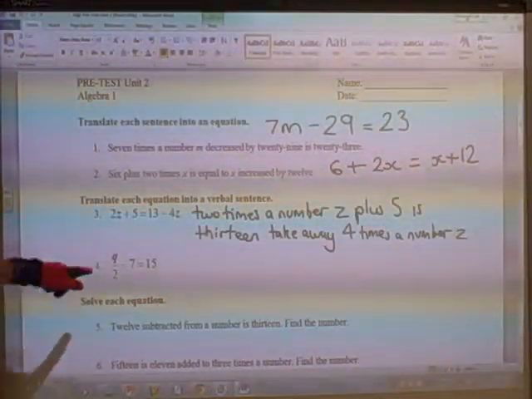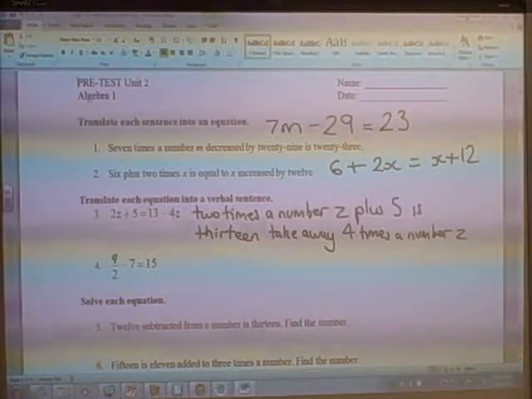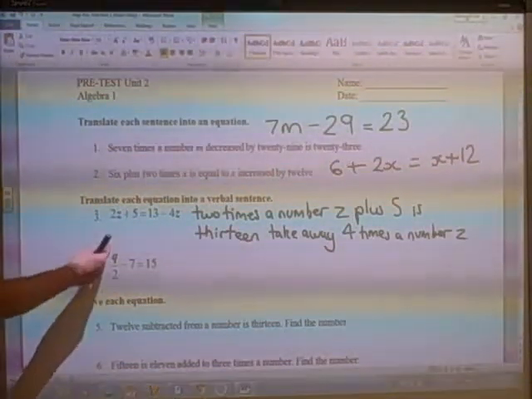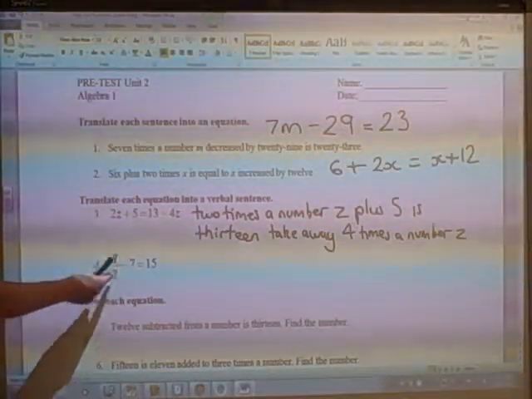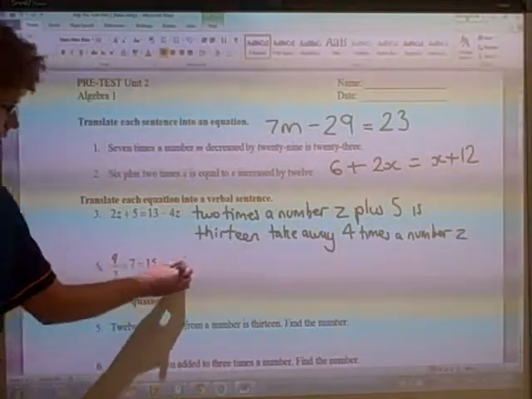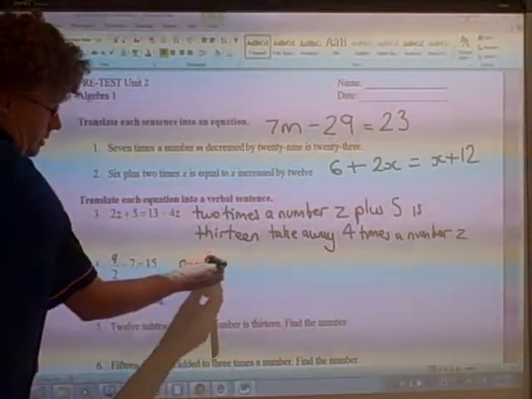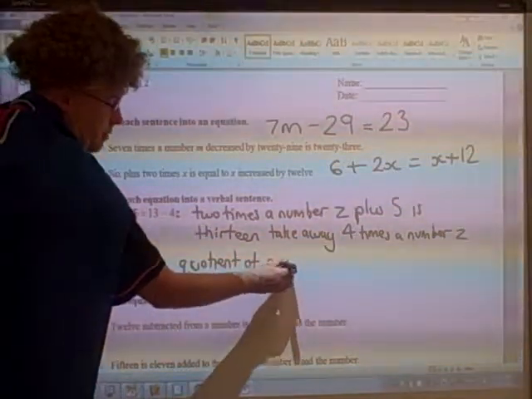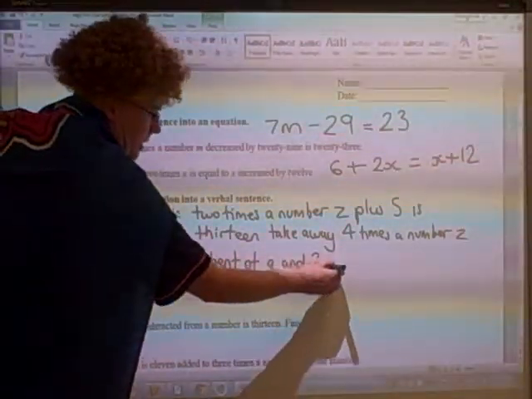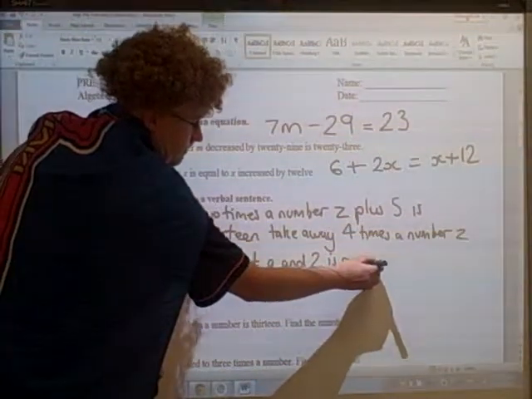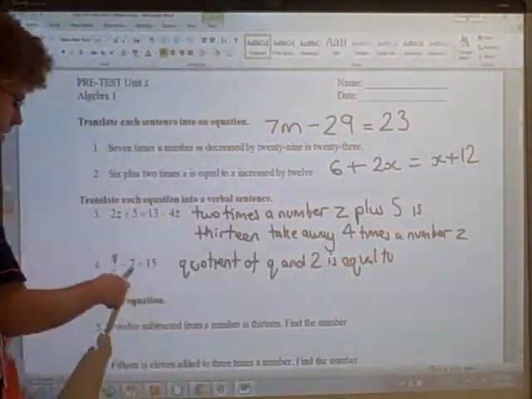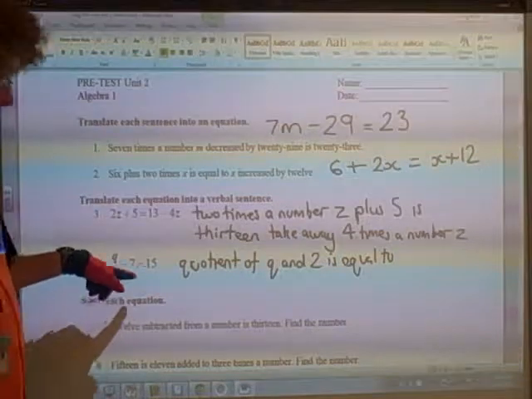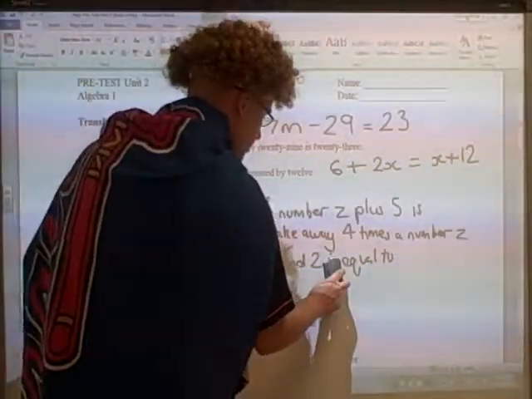For this, we could just simply say, as the line on the fraction means divide, q divided by 2. We can also use the word quotient as well to show divide, which is probably why the letter q has been chosen here. So we could say the quotient of q and 2 is equal to, oh, I missed a part, subtract 7 is equal to 15.